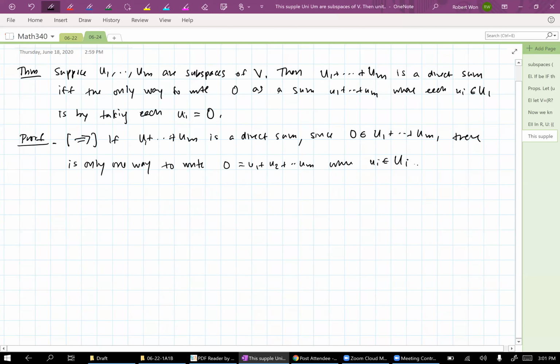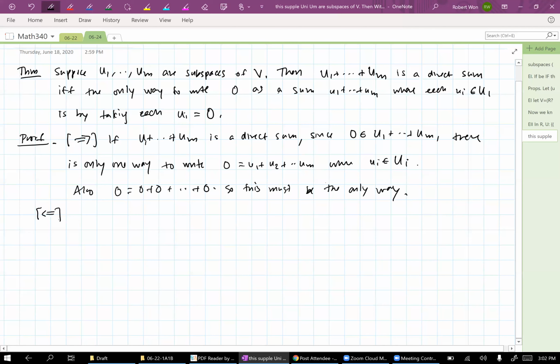This is just the condition for being a direct sum. Every element has a unique representation like this. And certainly, you can write 0 as 0 plus 0 plus 0. So that means that this must be the only way that you can do it. Right, so that takes care of that direction.